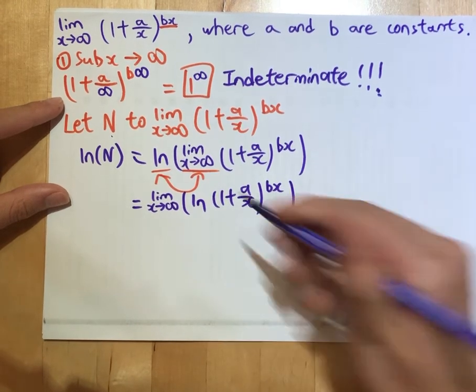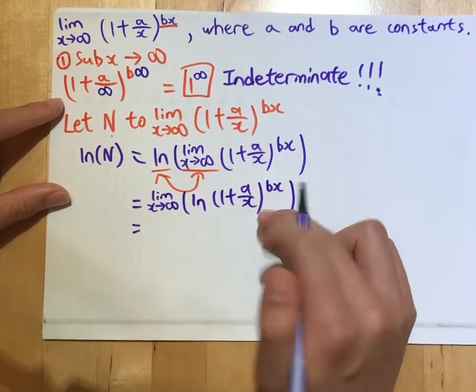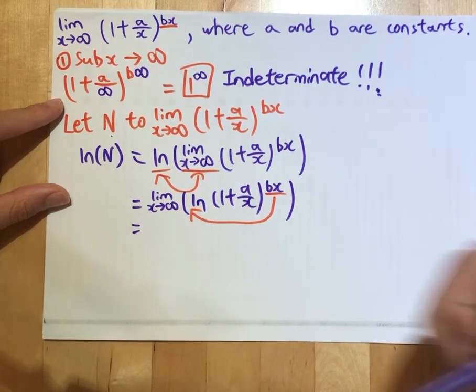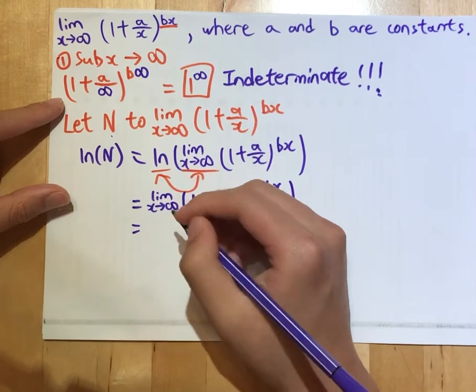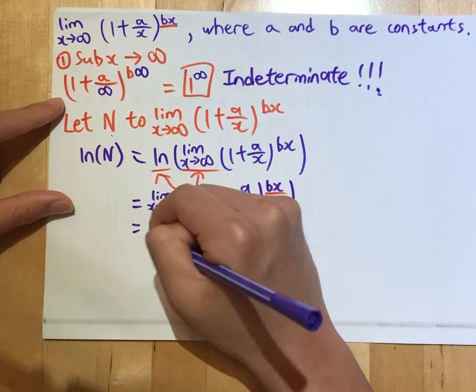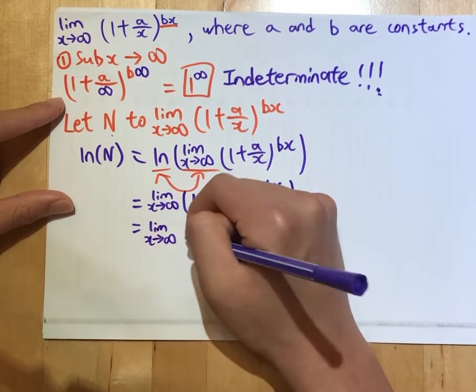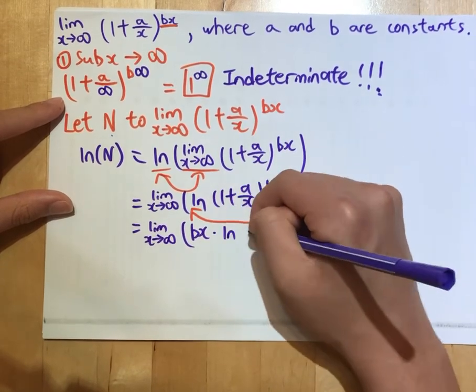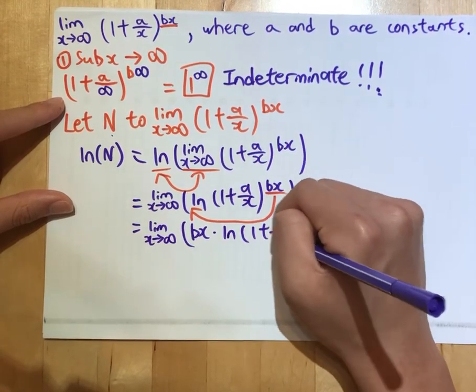And then, because we have natural log, we can now bring the power down here. This is one of the log properties. And then we have the limit as x approaching infinity of bx multiplied by natural log of 1 plus a over x.